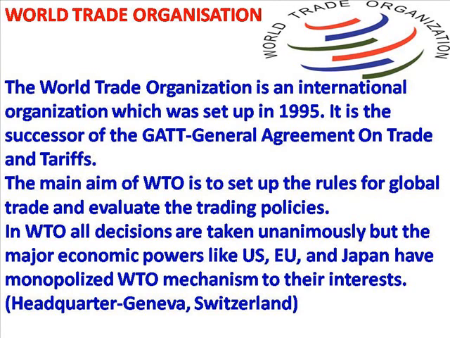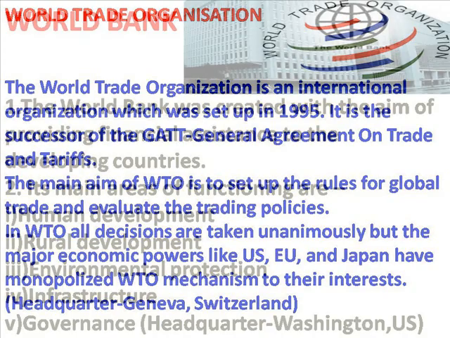The main aim of WTO is to set up the rules for global trade and evaluate trading policies. In WTO, all decisions are taken unanimously, but the major economic powers like US, EU and Japan have monopolized the WTO mechanism to their interest. Its headquarters is in Geneva in Switzerland.